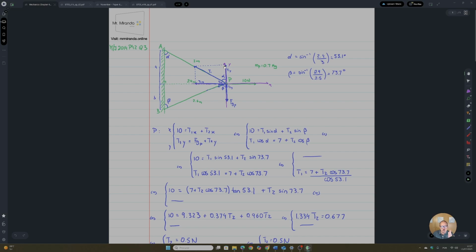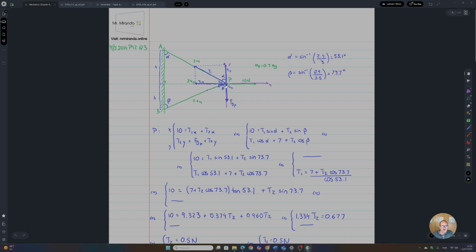So in terms of y, what do I have? Pointing up, I only have the vertical component of T1. I only have T1y. Pointing down, I have the weight plus the vertical component of T2. And this is the information that I needed to figure out the relationship in size and magnitude of T1 as compared to T2, because I know that the vertical component of T1 alone has to be enough to compensate for the weight and the vertical component of T2.